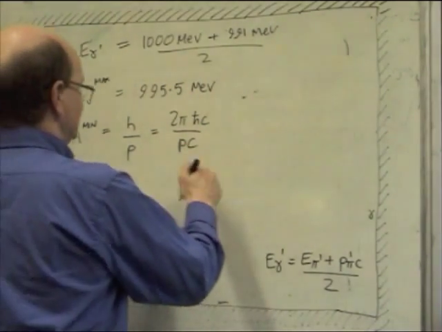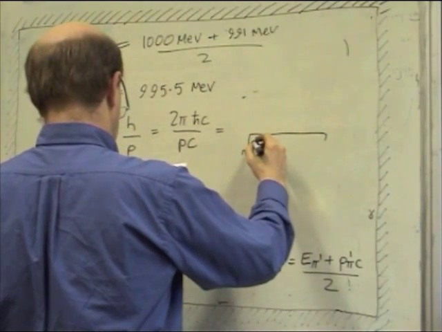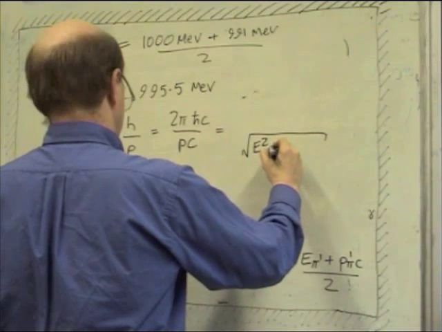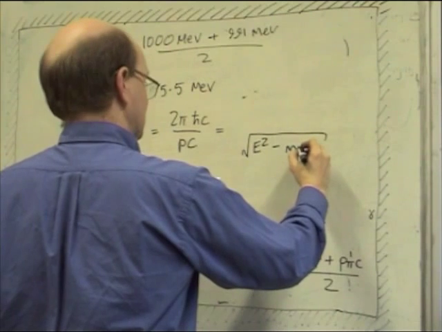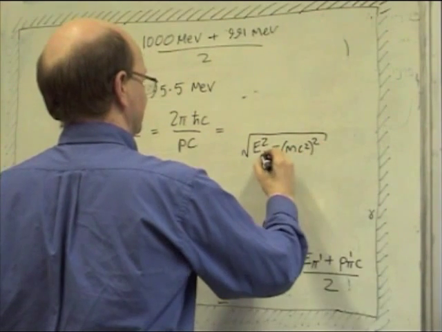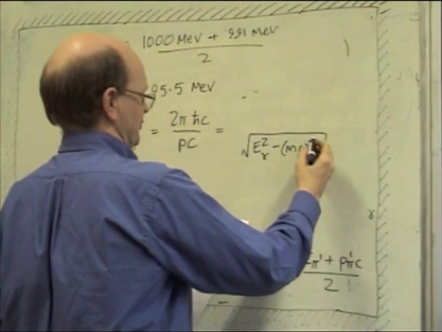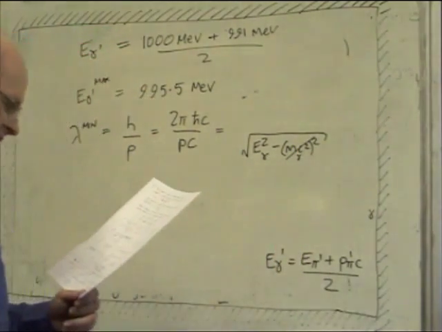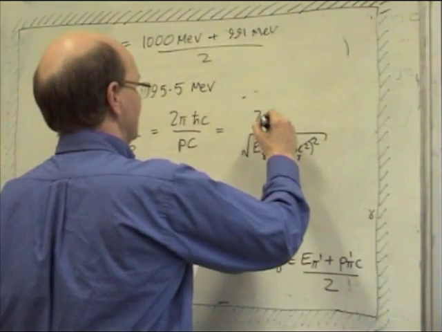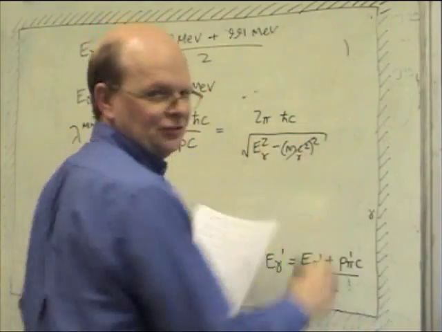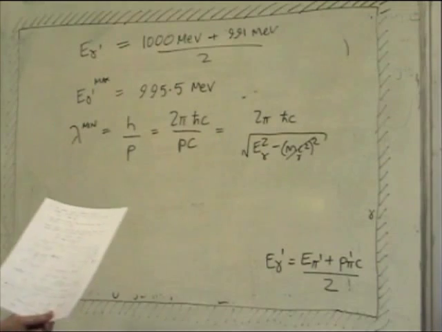And then this pc I write as the square root of E squared minus m c squared all squared. This is for the photon, so in the case of a photon you can ignore the mass term because the rest mass of a photon is 0, and on the top we have 2 pi times h bar c. Why I've chosen to use these funny units, you may remember from lectures or you may not, I'll tell you in a minute.